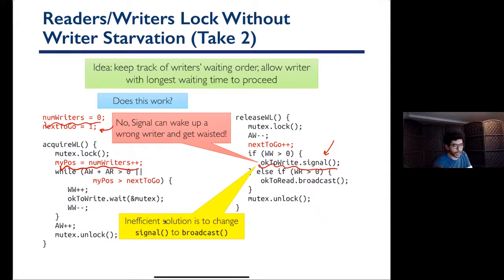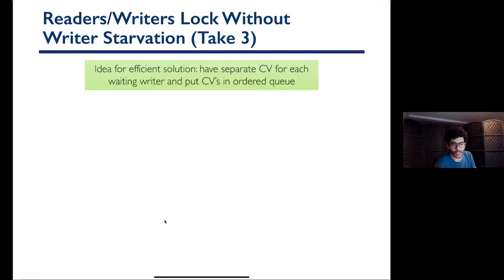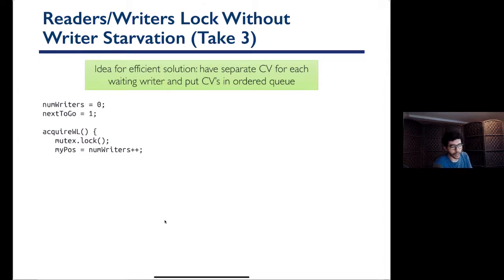Okay, so what should we do? How can we get this first come, first serve implemented without relying on the condition variable to do this for us? The idea, which is a very famous idea, is to make every writer have its own condition variable. Instead of having this OK to write condition variable and putting W1, W2, W3 and so forth on it, and then sending a signal which we don't know where it's going to be delivered, we can make every writer have its own condition variable.